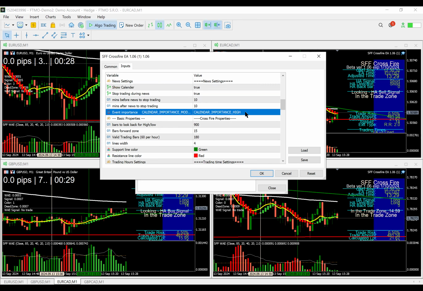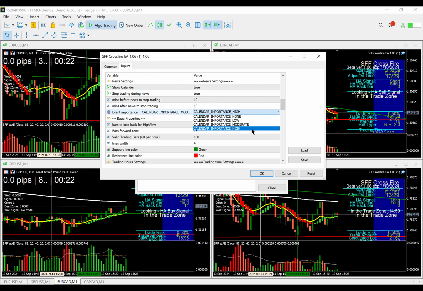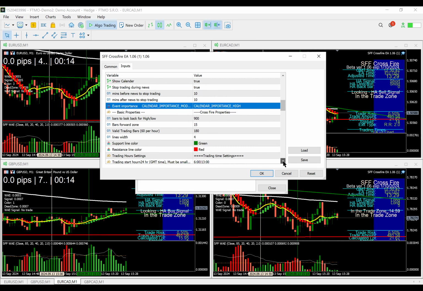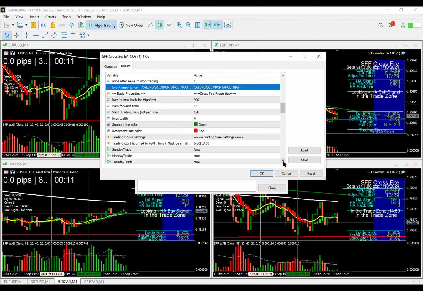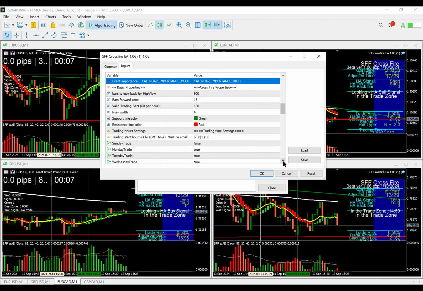So if you toggle that one, you get a drop down menu and you can change that. You can have it so it only keeps you out of high impact news or moderate or low or none. I've got mine set on high. I noticed that there isn't any news this afternoon or any high impact news this afternoon.